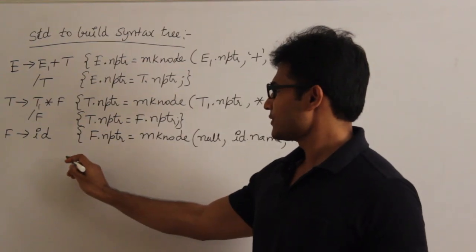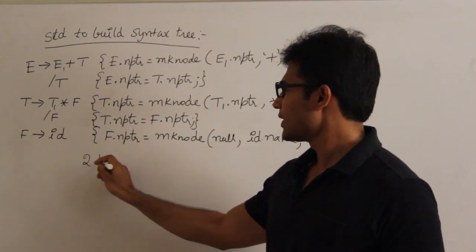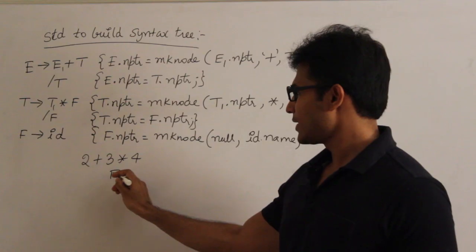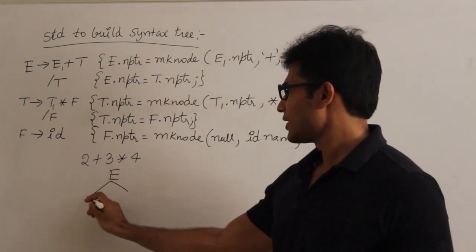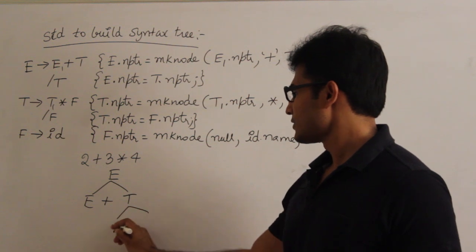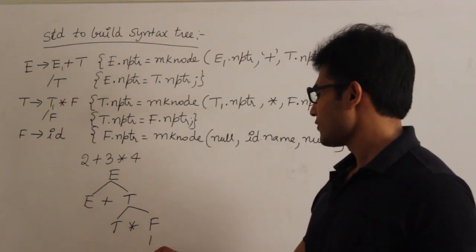See, if I have an expression, let us say 2 plus 3 into 4, and for that if I write like this: E derives E plus T, T derives T star F, and then F derives id.